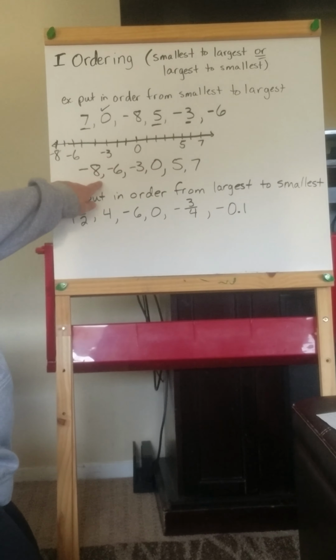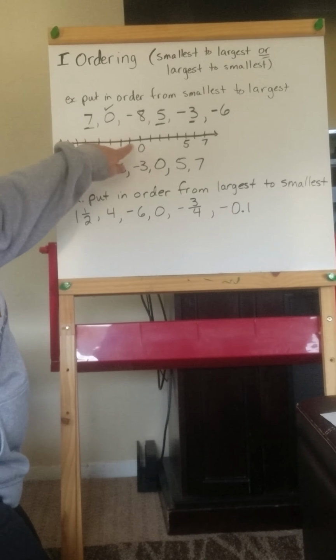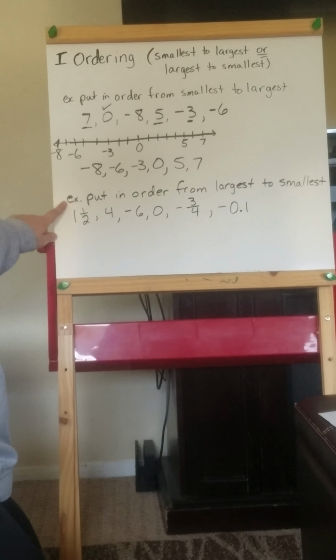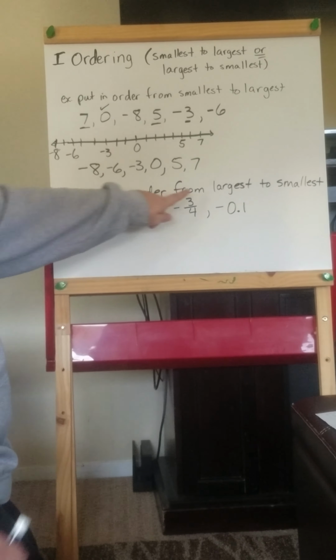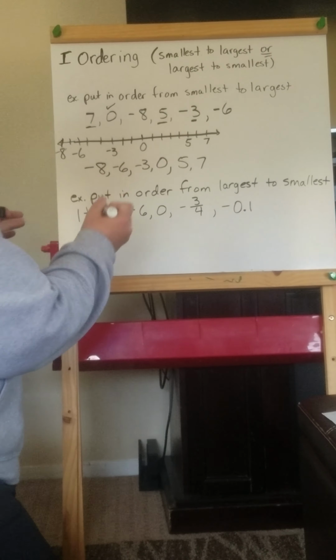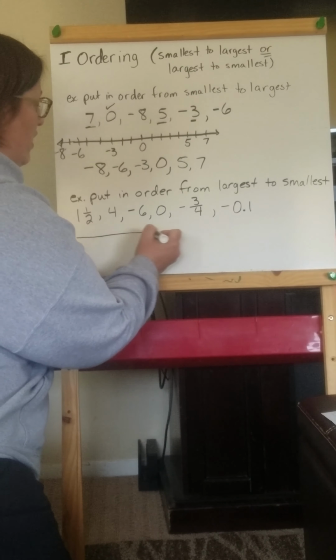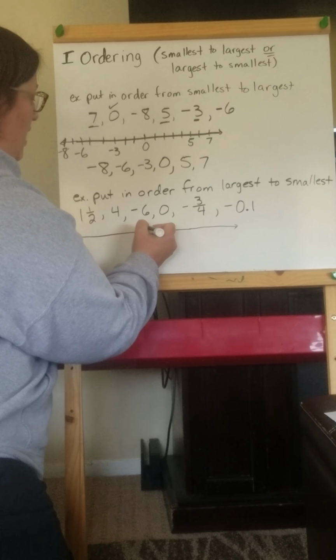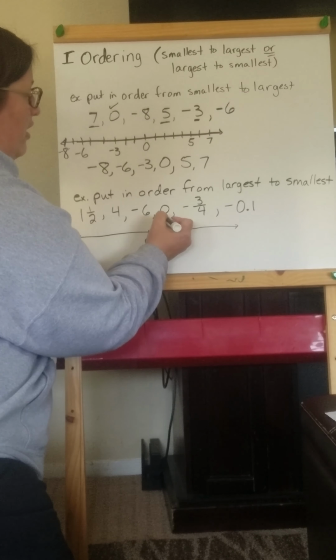All right, and as we move this way, both on the number line and on this list, the value gets higher. Okay, next we're going to put this one in order from largest to smallest. Okay, so again, if you wanted to, you can put it on a number line. I would put 0 in the middle, and here's our 0.